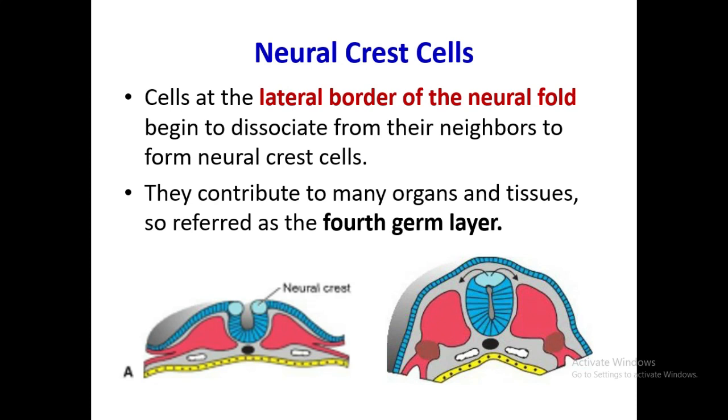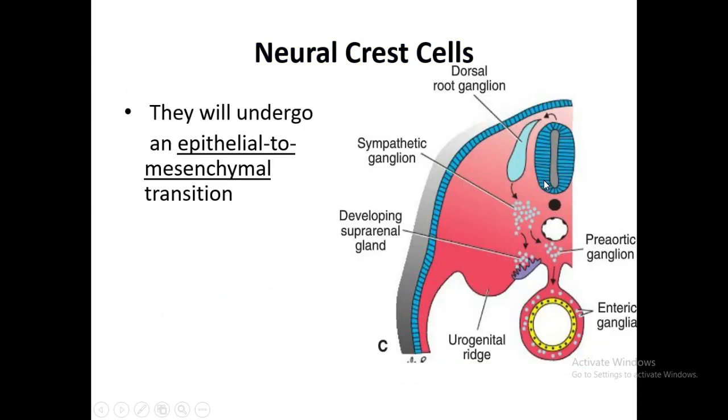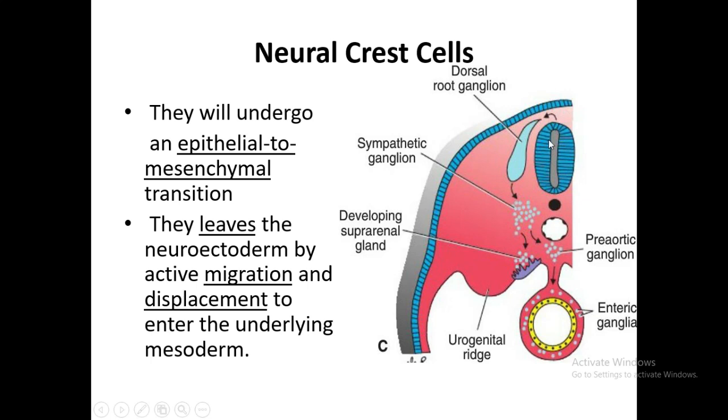So which are the neural crest cells? Cells that are present at the lateral border of the neural fold are known as the neural crest cells. Neural crest cells leave the neuroectoderm by active migration and displacement, and they ultimately enter the underlying mesoderm.